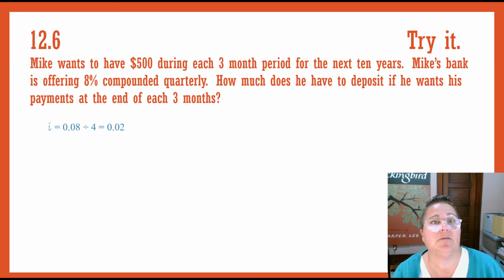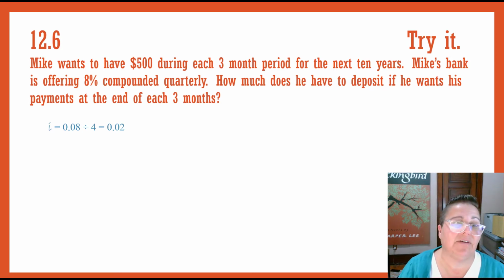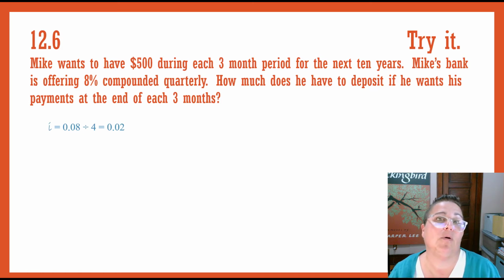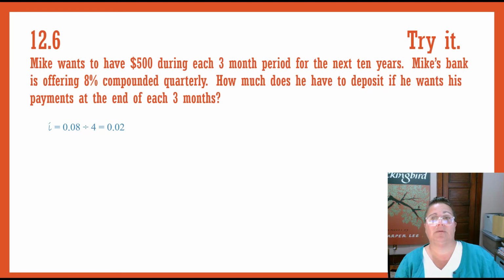Our interest per period is the 8% divided by 4 because it's every 3 months or quarterly, so 0.02. Keep in mind, as before, when you're putting it into the formula, you want to make sure you're using your percent as a decimal. This is not just a straight 2%. I need to convert that 2% to a decimal.